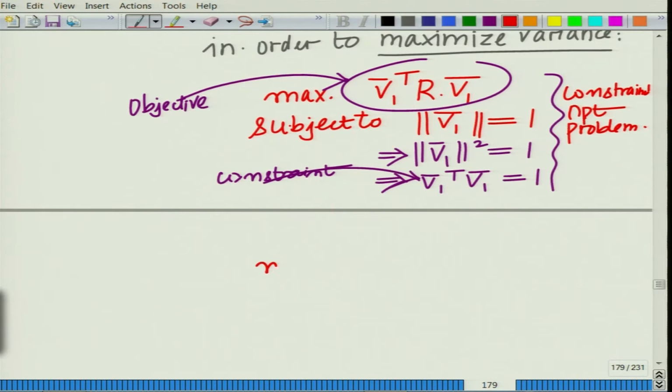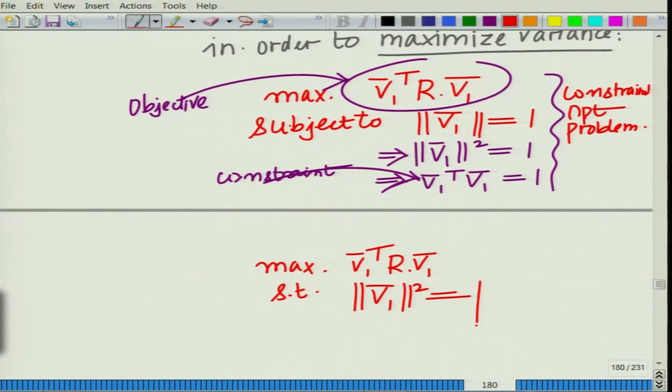So, maximize V1 bar transpose R V1 bar subject to the constraint norm V1 bar square equal to 1.